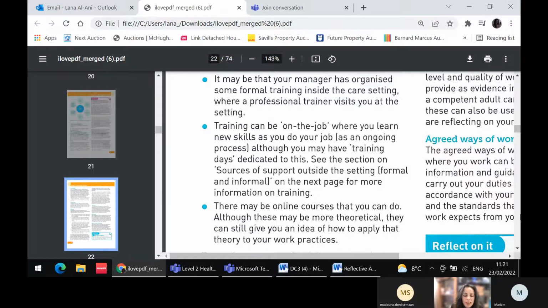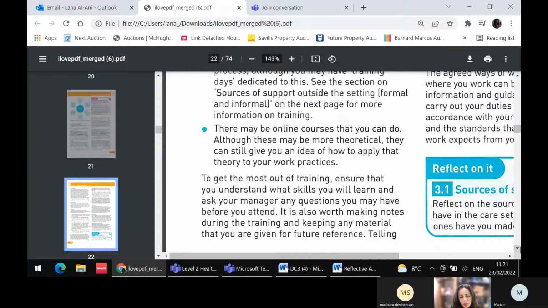Obviously, another source of resources or information is searching online, or books all about health and social care, and also through your course, the course you're doing with us, which is level 2 health and social care, because we will give you extra training.